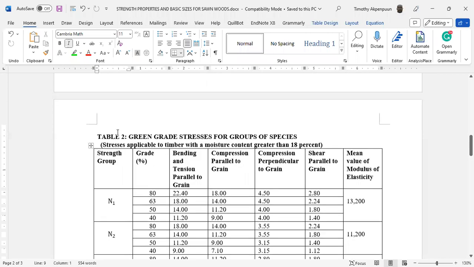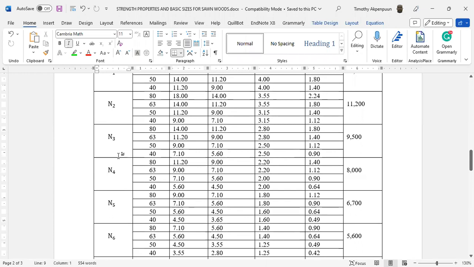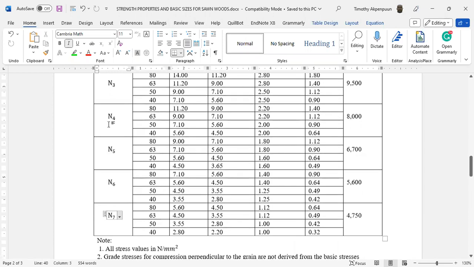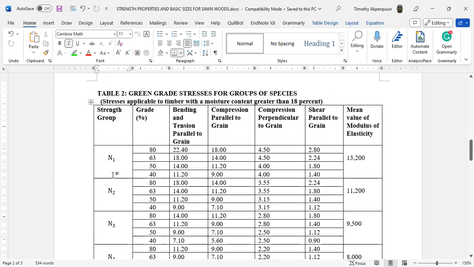Okay, they say now select. They say design a beam. You are asked to select the strength group. You can select strength group 1, while somebody else might select strength group 6. Otherwise, I will decide to give you the strength group to limit you. Then look at this.